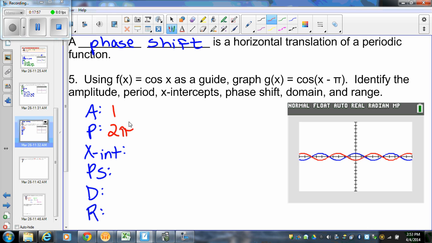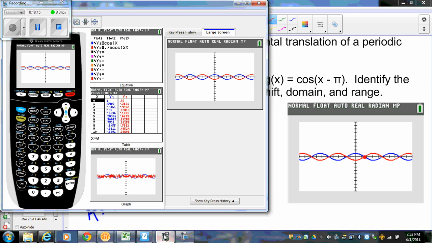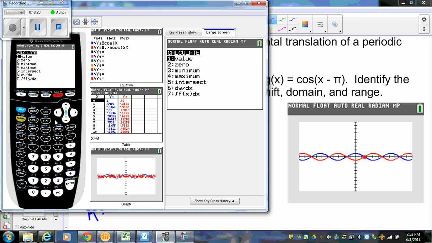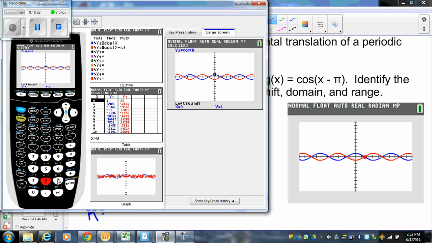Now, my x-intercepts. You're going to have an infinite number of x-intercepts. So what you want to do is identify the first time that your graph touches the x-axis. In this case, that would be at this point right here, which if you go back to your graphing calculator and do second trace and go to option number 2 for a zero, first thing you'd want to do is hit the down arrow to make sure that it's talking about your red curve here.